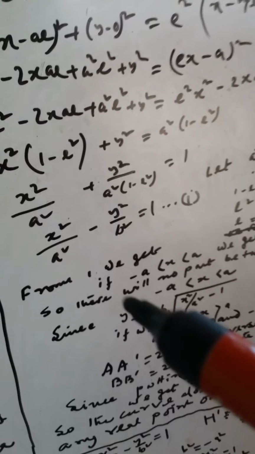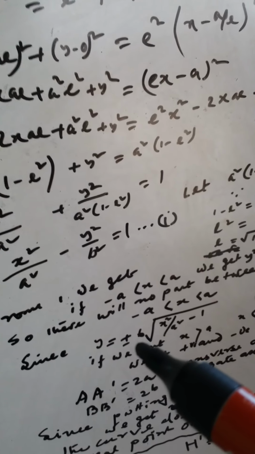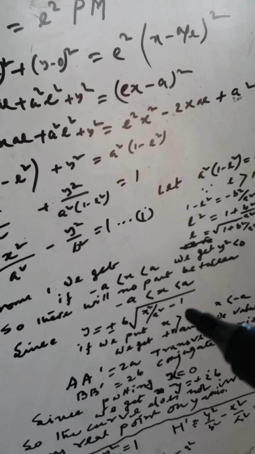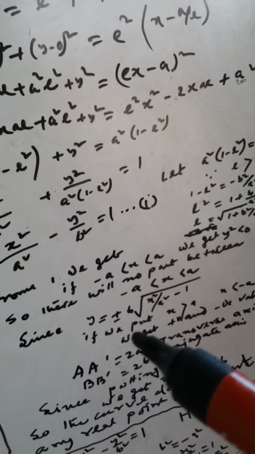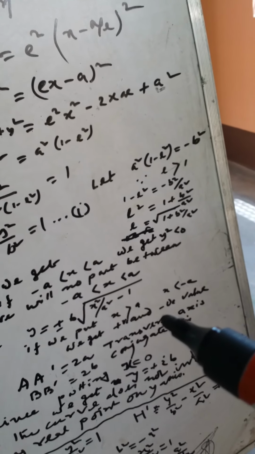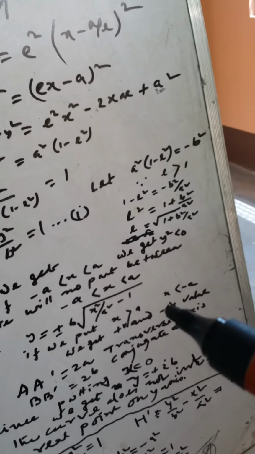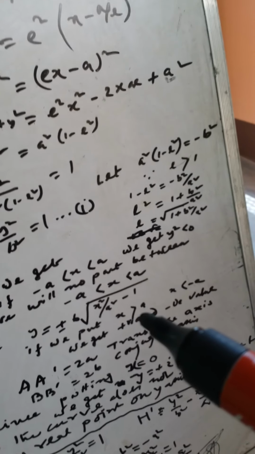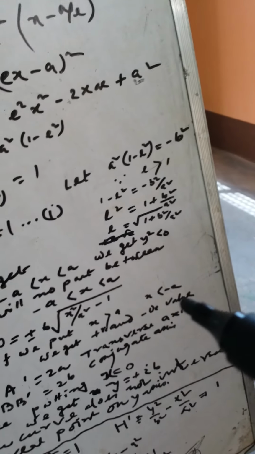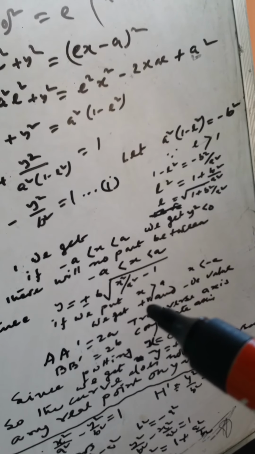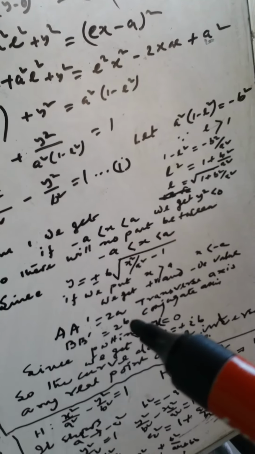Since y equal to plus minus b into root of x square by a square minus 1, if we put x greater than a and x less than minus a, we get positive and negative values.